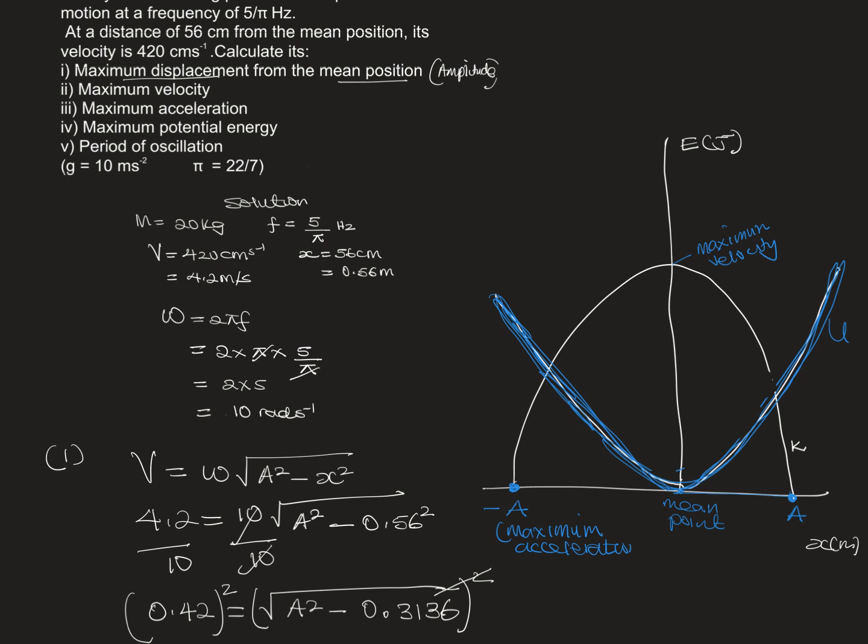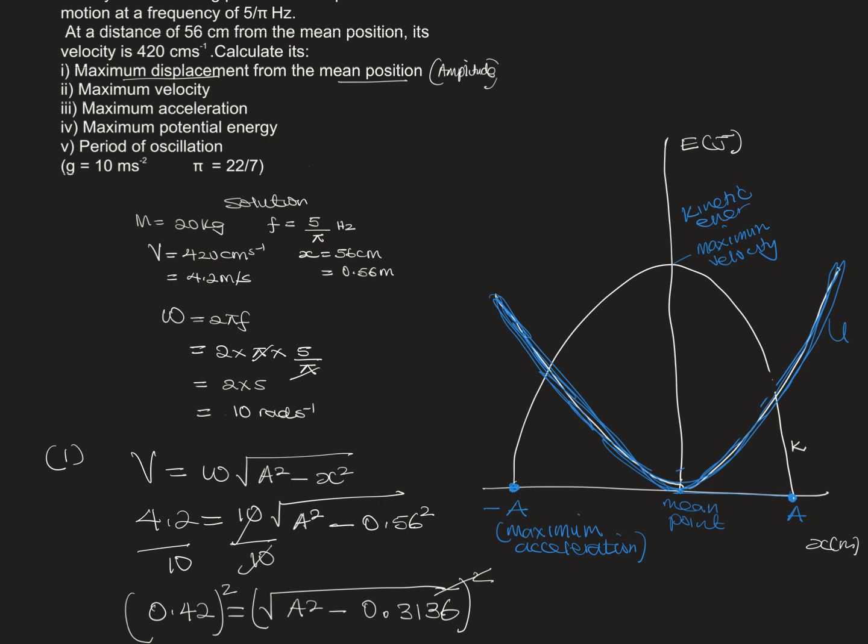Maximum velocity is attained at the mean or equilibrium point, but maximum acceleration is attained at the amplitude.